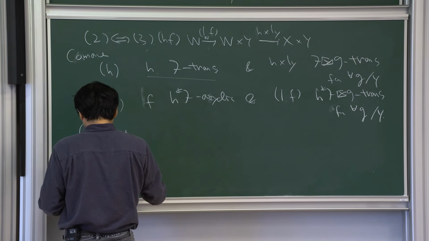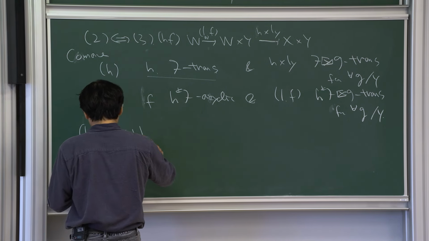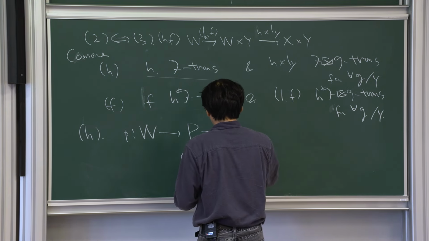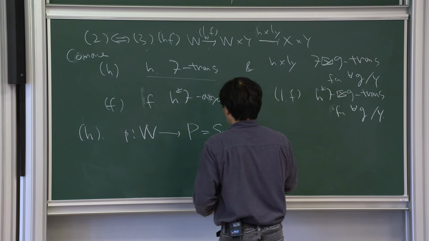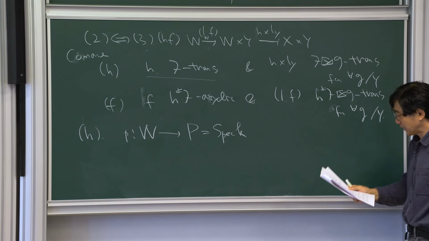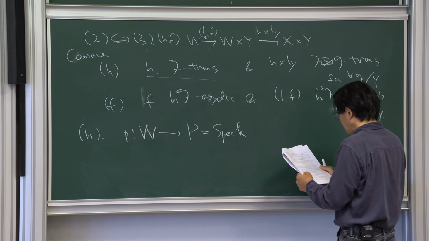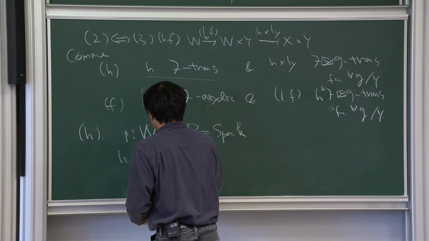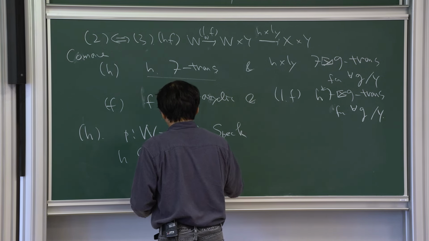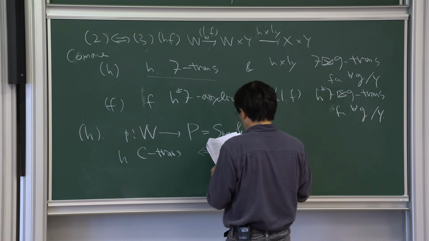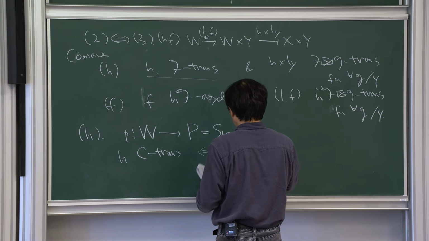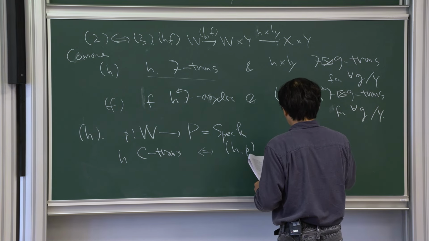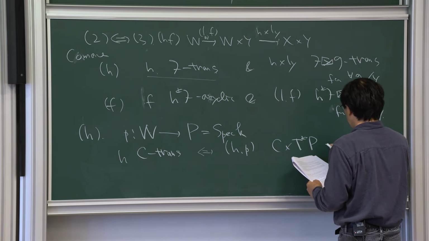Now, so this P is not the characteristic, but I'm sorry that I don't have enough alphabet. Let these P be conical motion. Then H is C transversal, means that HP is C cross T star P transversal.